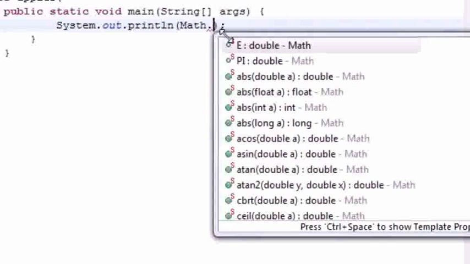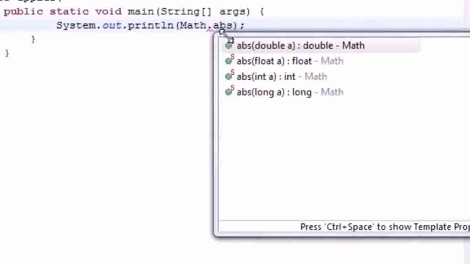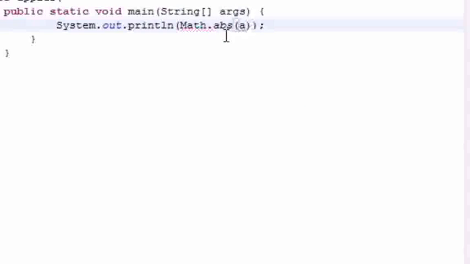first one I want to teach you guys about is called the absolute value, and that's ABS, and inside your parameter it takes one number. Now what the absolute value does is take any number, negative or not, and give you the absolute value of it.